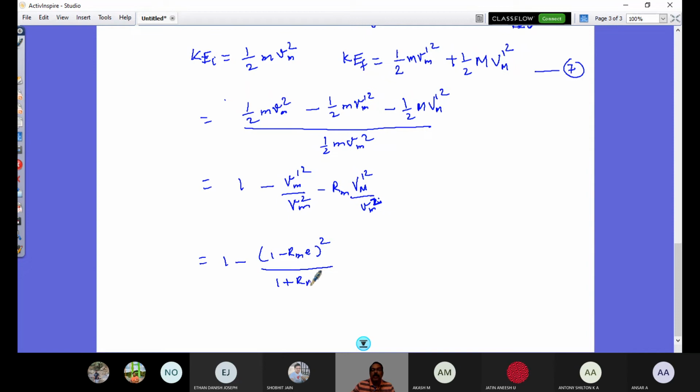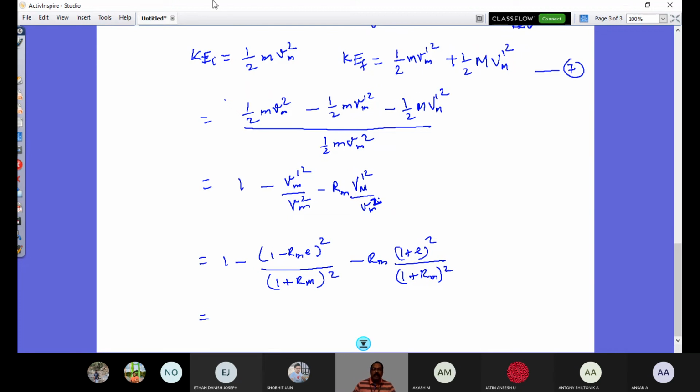This ratio we have already derived. This also becomes square. So this is for the first term. In the second term, it is going to be Rm into, we have also expressed this by 4b, and that is going to be 1 plus E square by 1 plus Rm whole square, right?